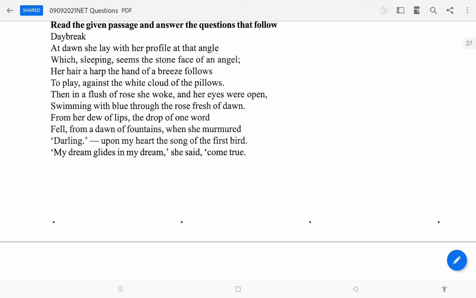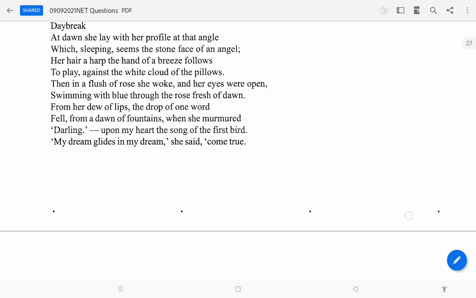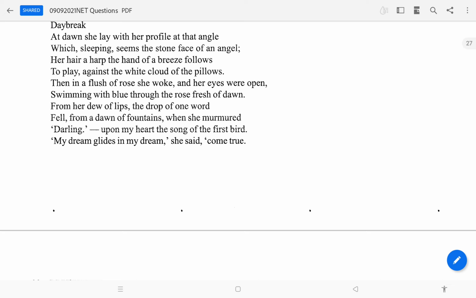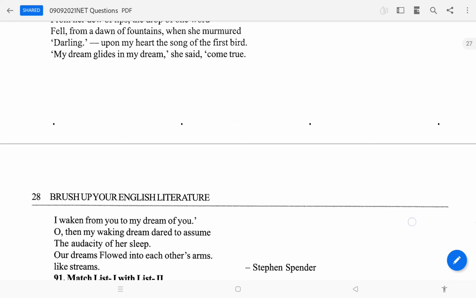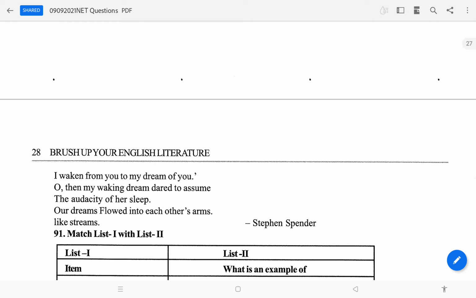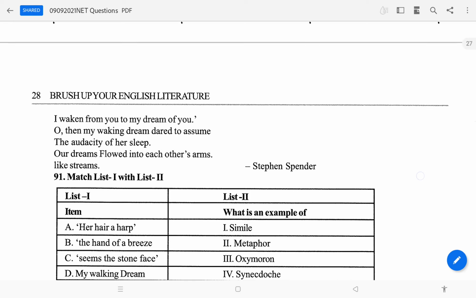From a dawn of fountains she murmured, "Darling, upon my heart the song of the first bird. My dream glides in my dream," she said, "come true. I awaken from you to my dream of you." Oh, then my waking dream dared to assume the audacity of her sleep. Our dreams flowed into each other's arms like streams.